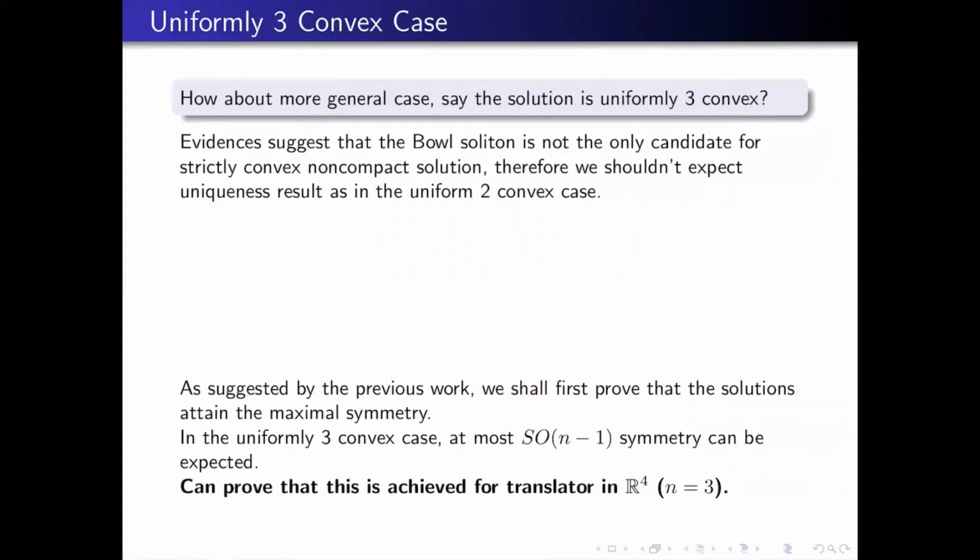There should be a lot more solutions. To demonstrate it, let's first talk about a class of solutions that has been proved to exist, although that class of solutions is collapsed.